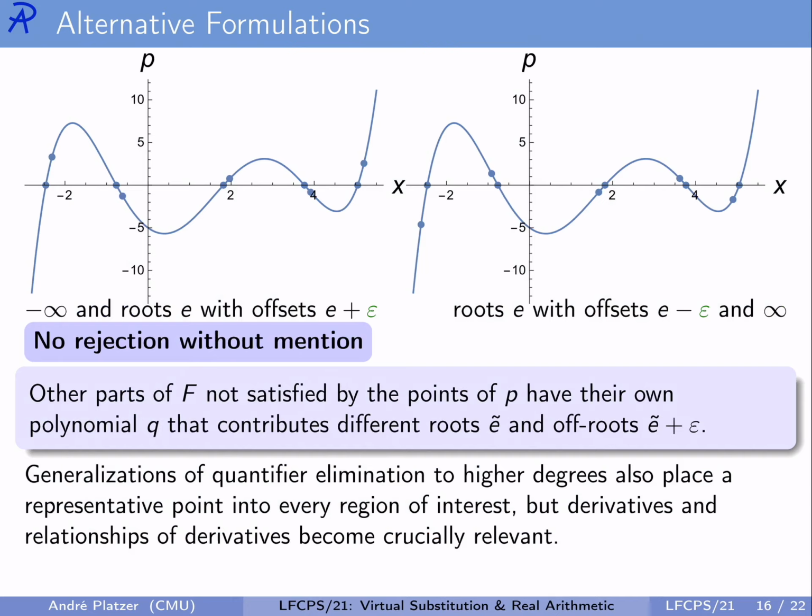Notice in principle there's also alternative formulations. We've worked with minus infinity very far to the left, and all the roots of the polynomials respectively the off root, so slightly to the right. Alternatively, we could have rephrased everything to have the positive infinity in all the cases slightly left to the square root.